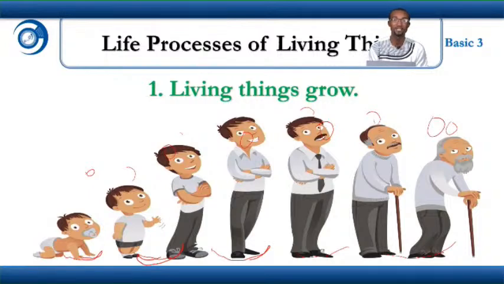We don't remain the same as we were when we were born. So if you look at your mom and then you look at your grandmother, you see that your grandmother is older than your mom. And one day, your mother will also grow to be like your grandmother. You also grow to be like your mother. Living things grow.